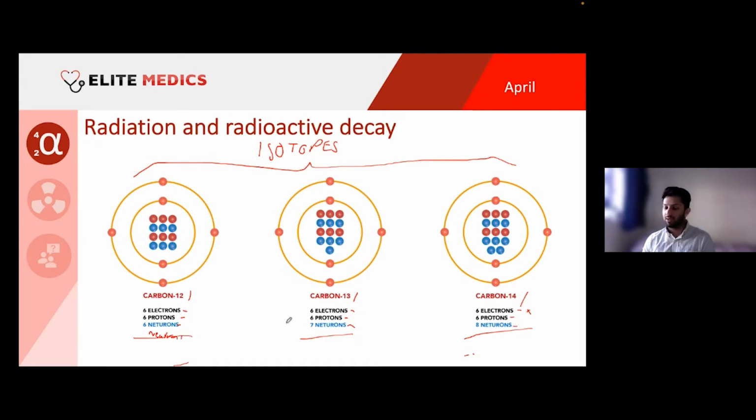Which is why these are called carbon-12, because 6 plus 6 is 12. Carbon-13, because 6 plus 7 is 13. And carbon-14, because 6 plus 8, sorry, is 14. And these numbers essentially represent the mass number of these different isotopes. So isotopes are atoms of the same element, but have different mass numbers.